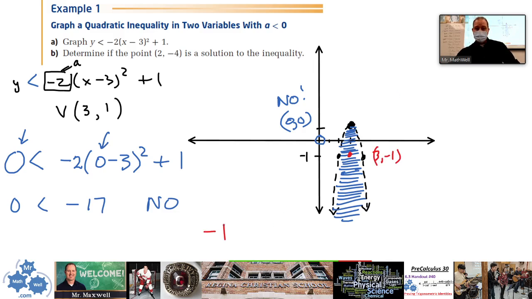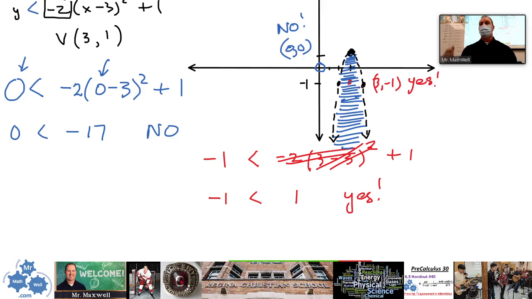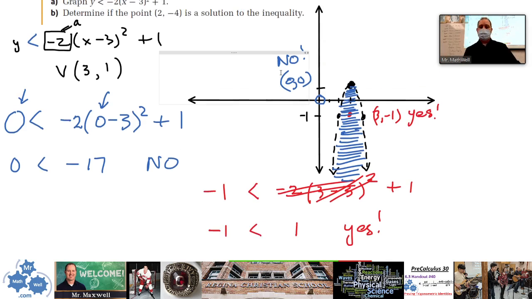So -1 is going to be the y value. And if I have now 3 here, let's see. So I have -1 is less than, well, this is 0, so this whole thing is 0 plus 1. So -1 is less than +1. Is that true? Yes, that is true. So this is in the solution region, so we've confirmed that we're correct.